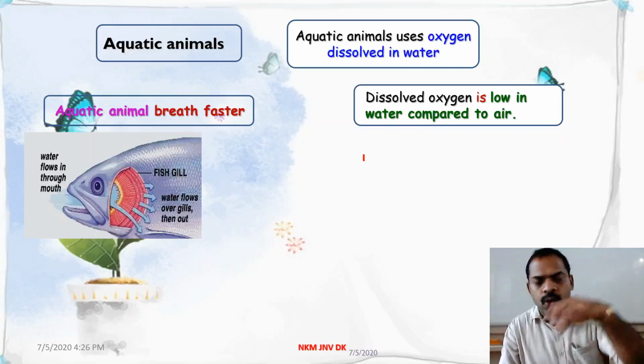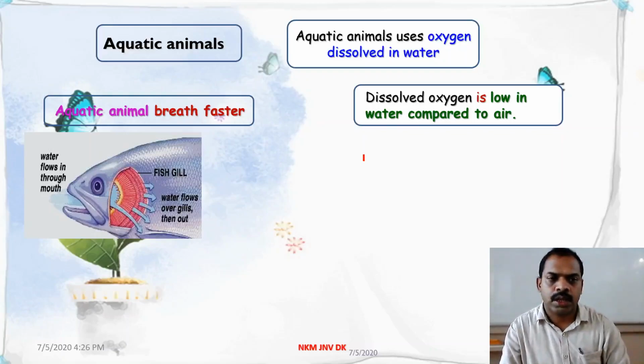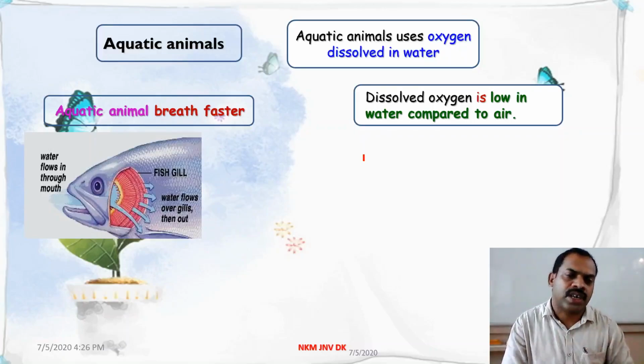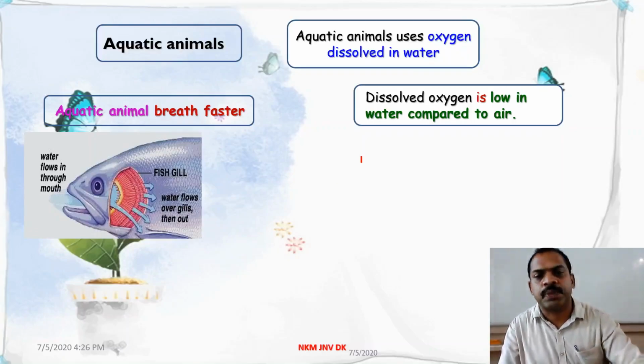We cannot dissolve much oxygen in water. So the amount of oxygen in air is always more than the amount of oxygen in water. Because of the smaller amount in dissolved form, aquatic animals have to breathe faster.